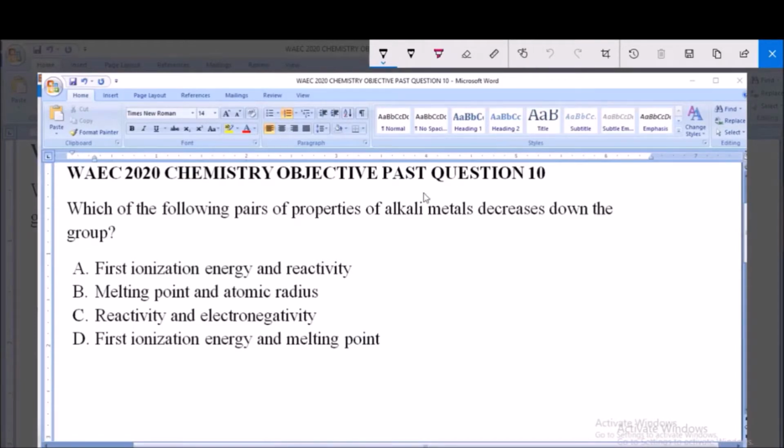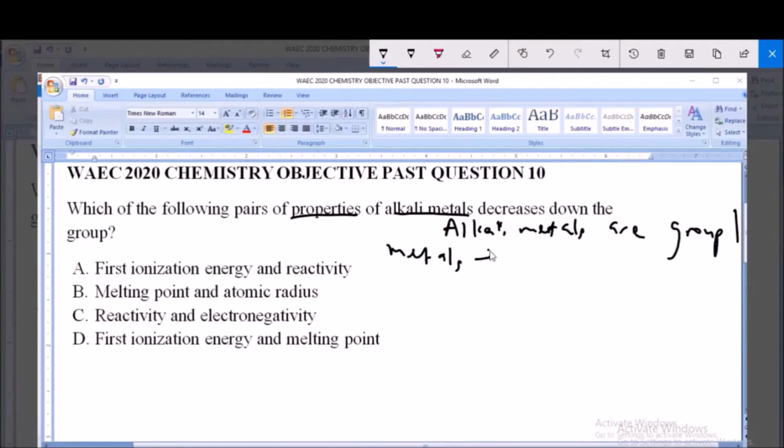So we have properties of alkali metals. The alkali metals are the group 1 metals. That is, those elements, of course, they are metals which have 1 valence electron, that is 1 electron on their outermost shell in terms of their atomic structure.